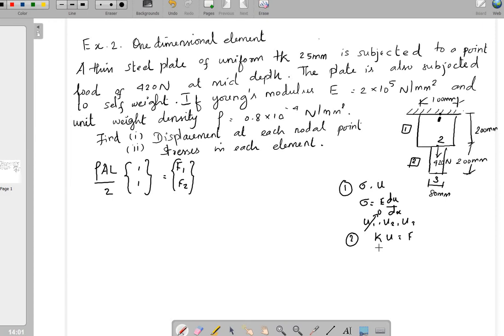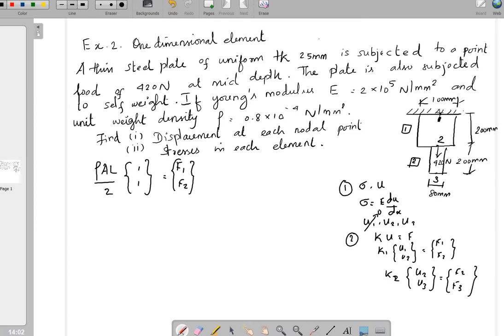So we have to formulate the stiffness matrix K1 and the vectors for the element, first element with the force and the nodal points of the first element, and formulate the second stiffness matrix K2 with the displacement coordinate of second element, also with the force coordinate of the second element.